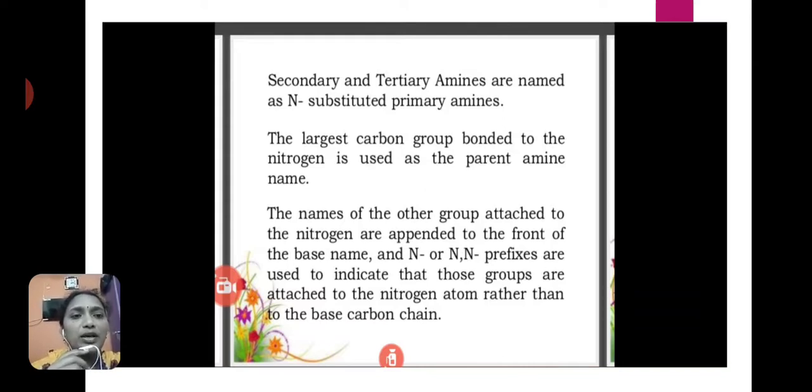The names of the other groups attached to the nitrogen are appended to the front of the base name, and N or N,N prefixes are used to indicate that those groups are attached to the nitrogen atom rather than to the base carbon chain.